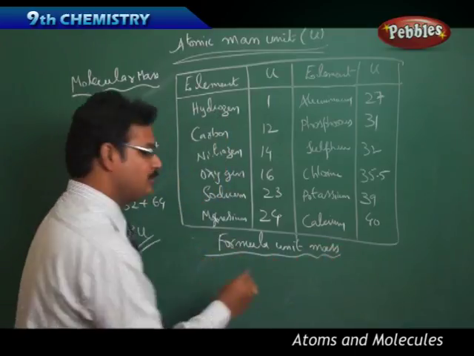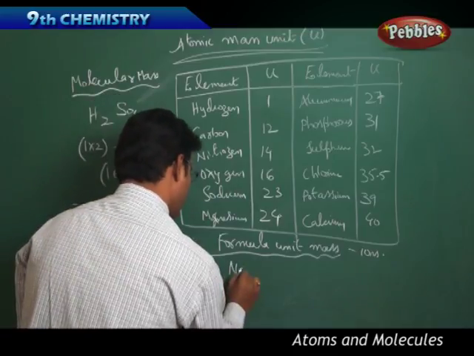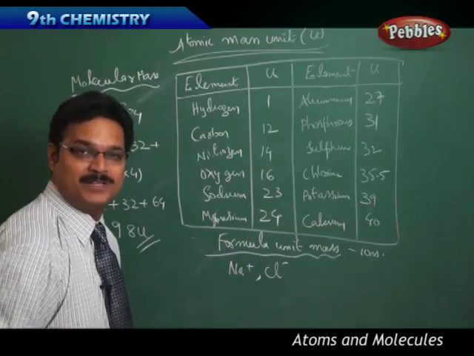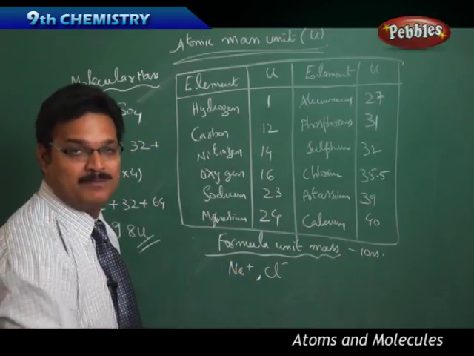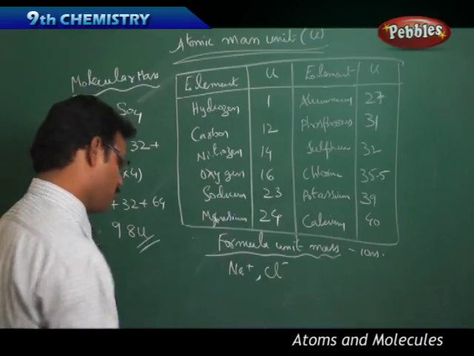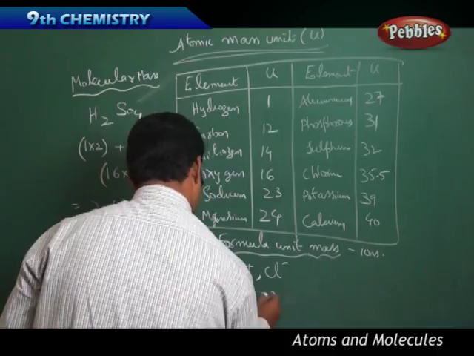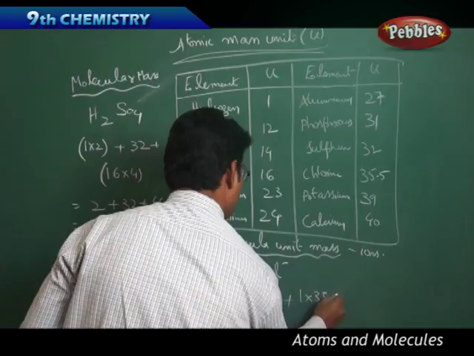It is applicable to ions. Say for example, Na plus Cl minus, the combination of Na plus and Cl minus. You should know the Na plus mass and Cl minus mass to get the NaCl total mass. So it is nothing but 1 into 23 plus 1 into 35.5.